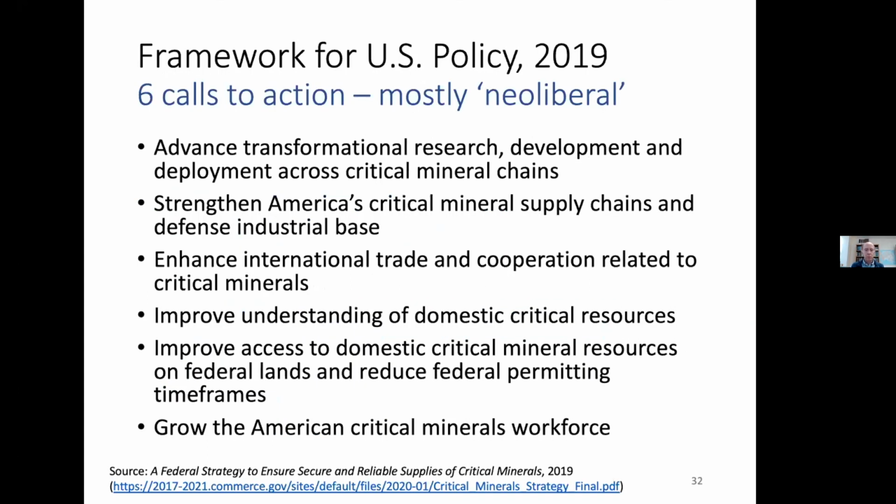Now, if we look at two policy documents, one from during the Trump administration and one early in the Biden administration, we see a framework for US policy published in 2019, a federal strategy that has 6 calls to action, which in effect are a broad framework that I would call neoliberal primarily. It focuses on research, on the defense industrial base, international trade, improved knowledge of domestic critical mineral resources, and education and workforce development.